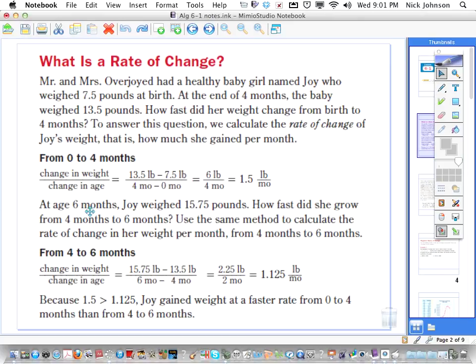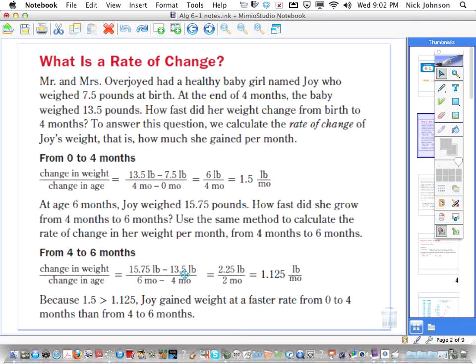It says at 6 months, Joy weighed 15.75 pounds. How fast did she grow from 4 months to 6 months? Use the same method to calculate the rate of change in her weight per month from 4 months to 6 months. So we're going to use change in weight divided by the change in age. Okay? So at 6 months, she weighed 15.75 pounds.